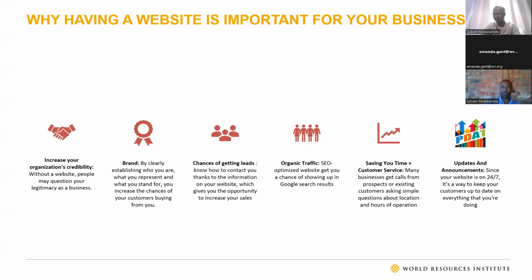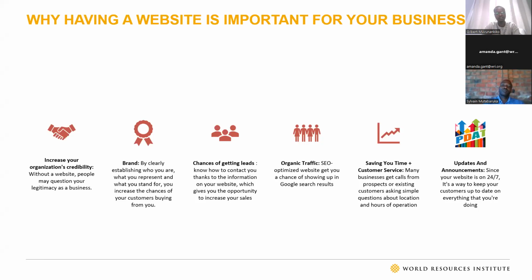Another great thing is search engine optimization. When your website is SEO optimized, you will have a chance to show up in a Google search result. For instance, just as an exercise, type your organization in Google and see how fast or at which place it comes up.